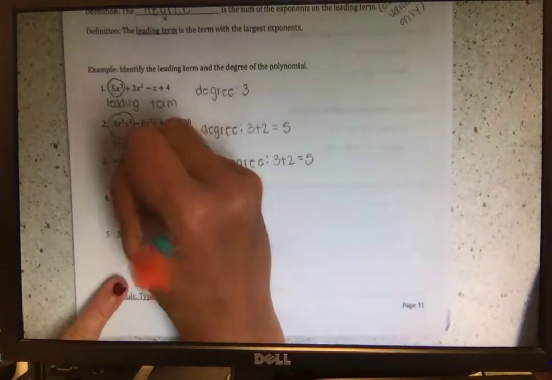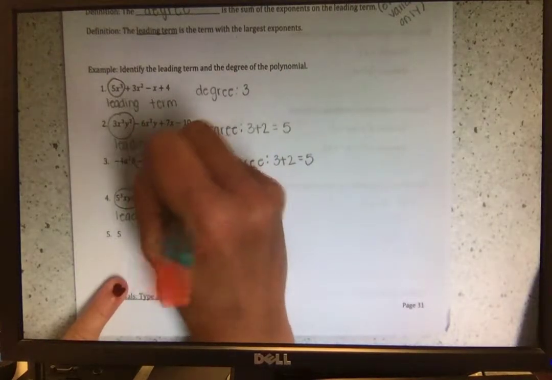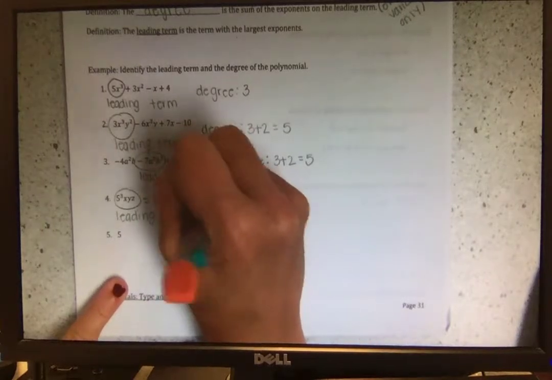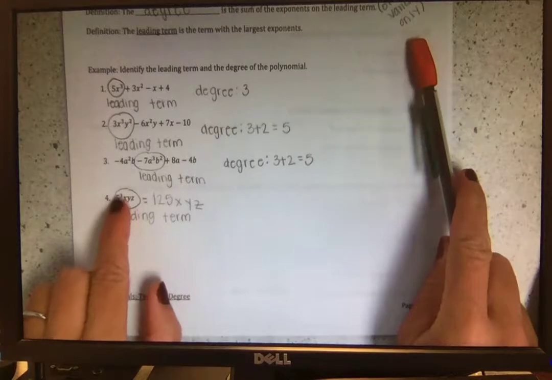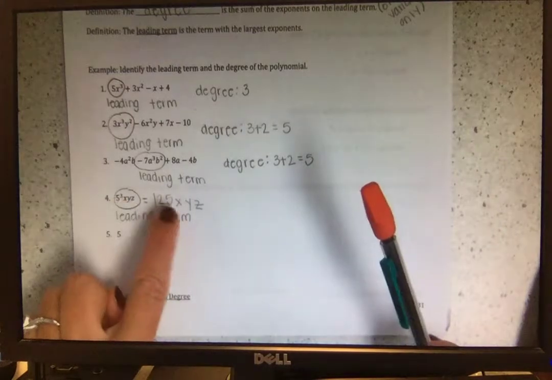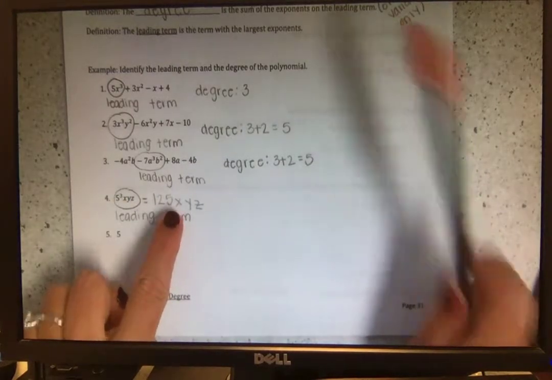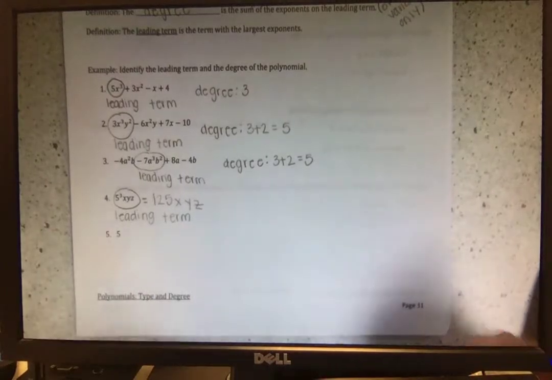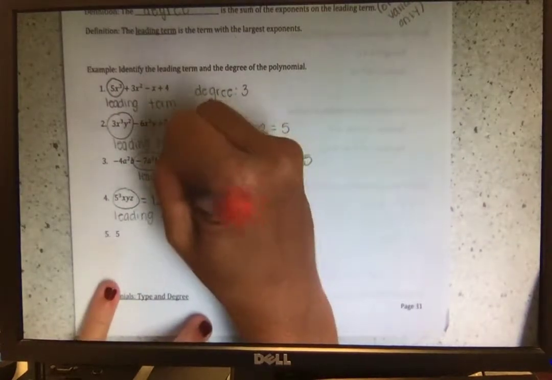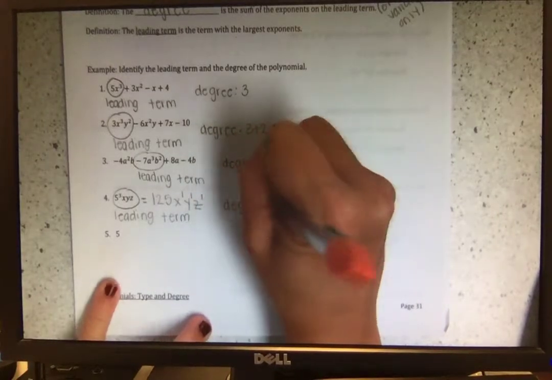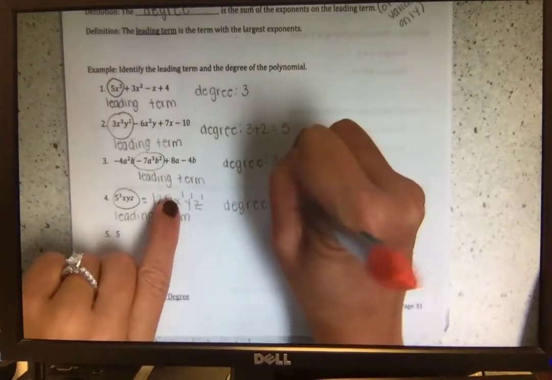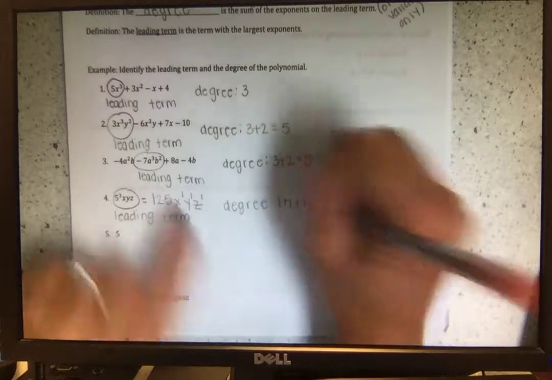So I can rewrite this as 125 times x times y times z. That's why we said up here, this 3 is an exponent, but I can simplify that. So I'm only concerned about the exponents on the variables. So here I have 1x, 1y, 1z. Adding those up, 1 plus 1 plus 1, will give us a degree of 3.